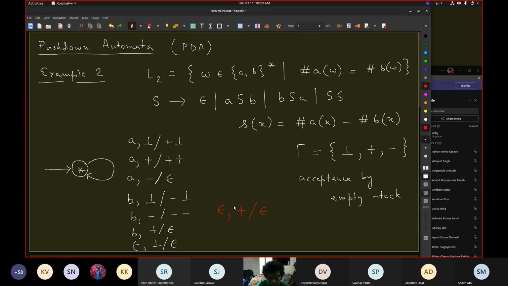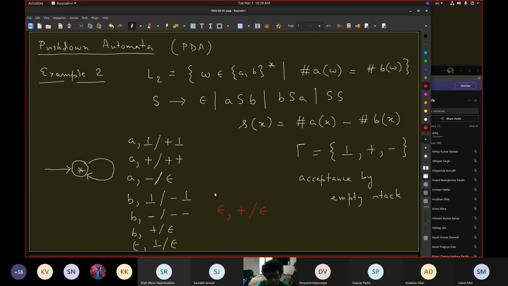And also you can see that if the eventual surplus is 5, it is not necessary that it will have to get rid of these 5 extra pluses at the end itself. In some intermediate steps, before the entire input is read, it can also get rid of these extra 5 pluses.